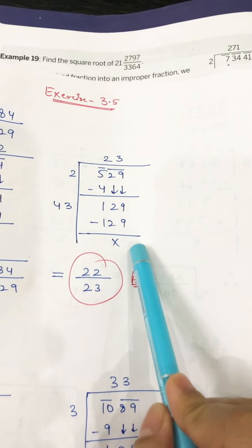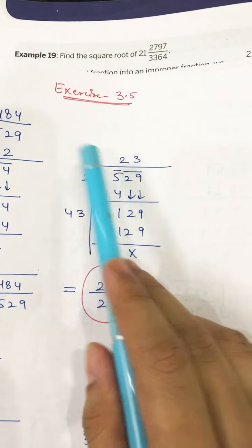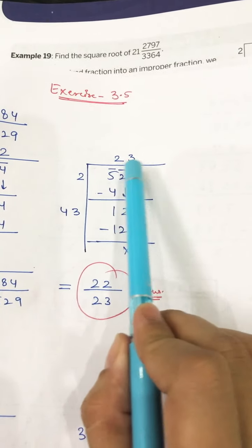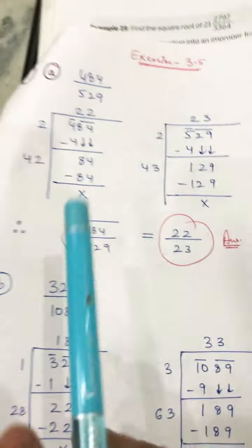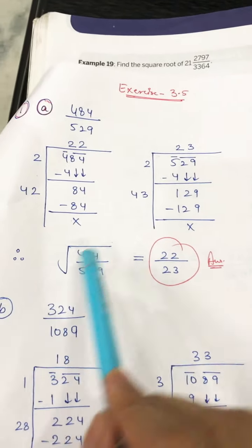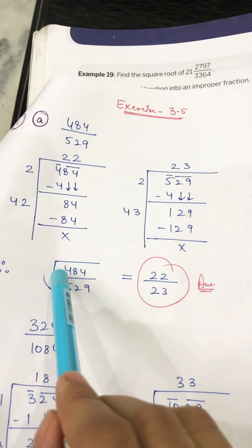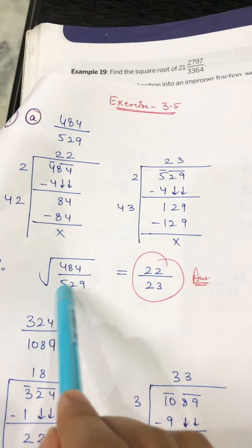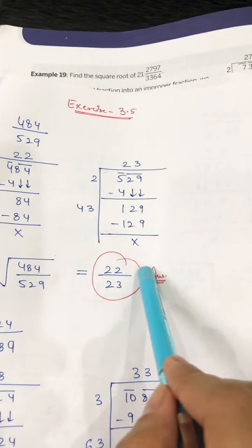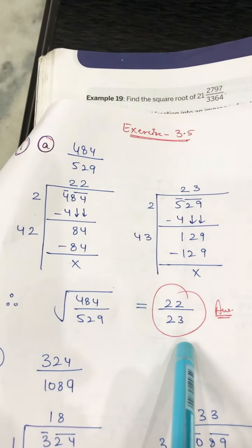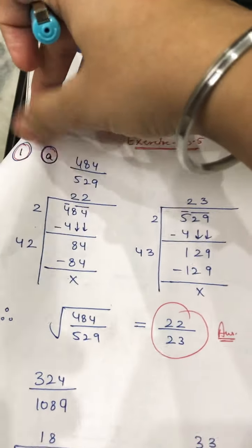Remainder is 0. So the square root of the denominator is 23. In the next line you can write: the square root of 484 upon 529 is equal to 22 divided by 23. This is the way that you have to note down the answer.